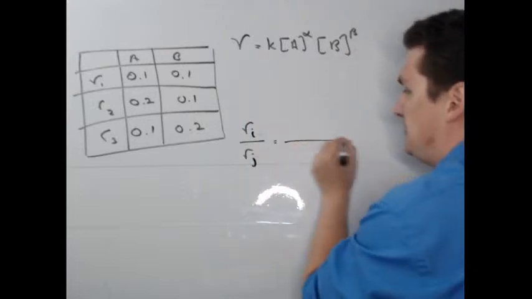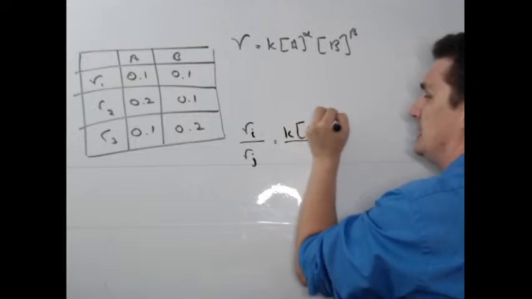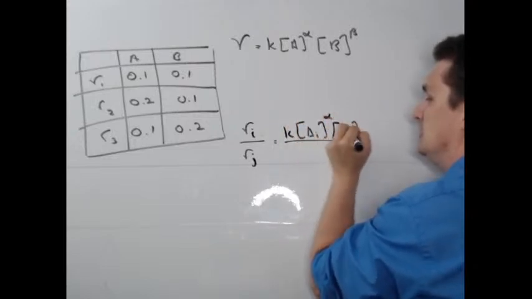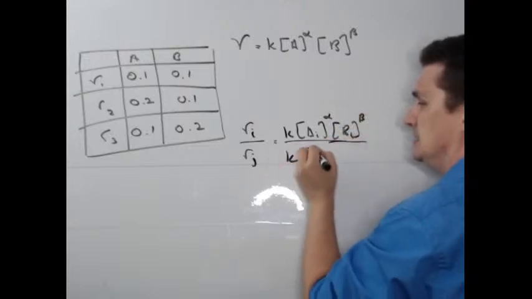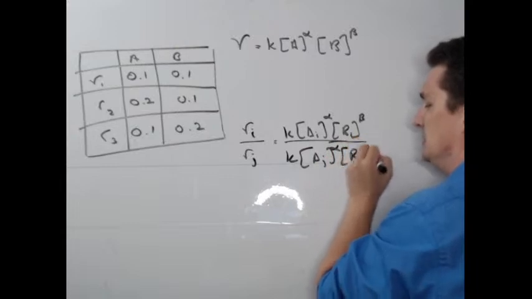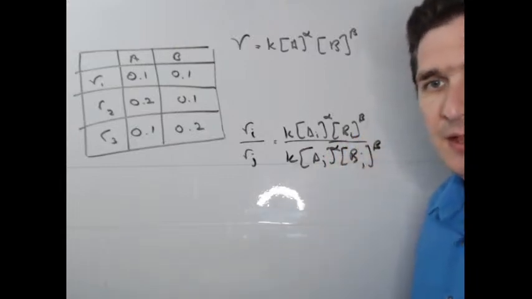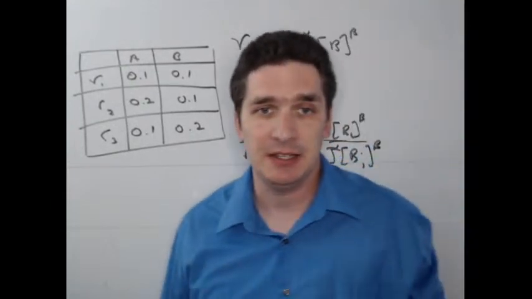These still have the form k times A for run i to the alpha, B for run i to the beta, all divided by k times A for run j, B for run j. Now, the k's here don't change because the temperature is constant, so we can effectively cancel them out.